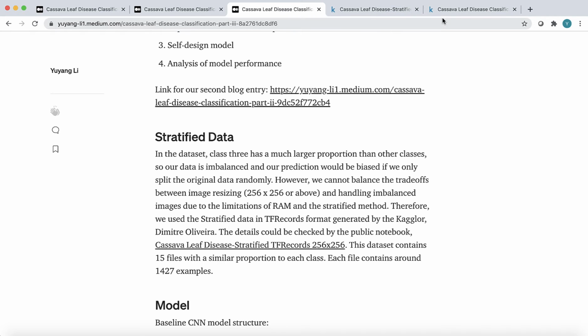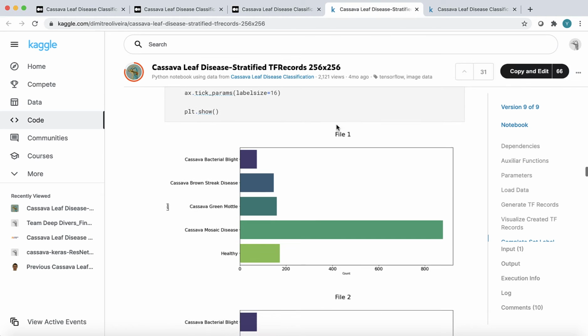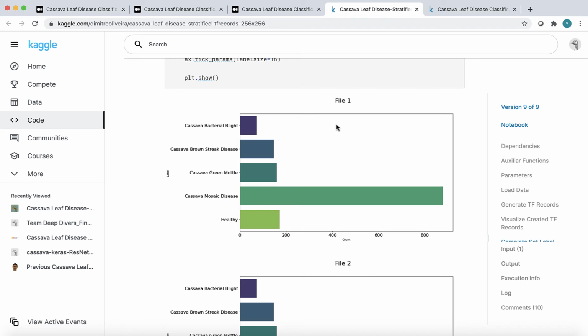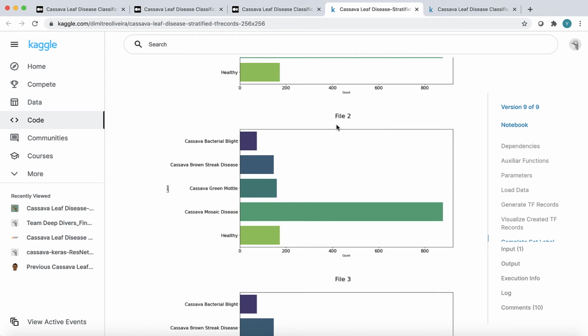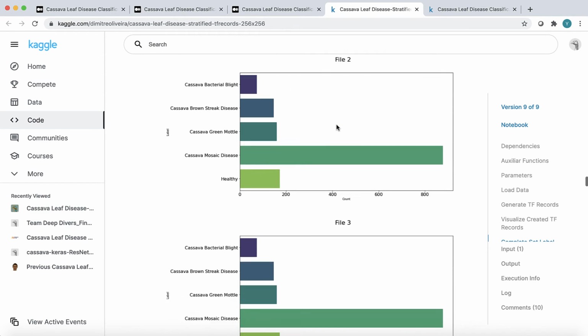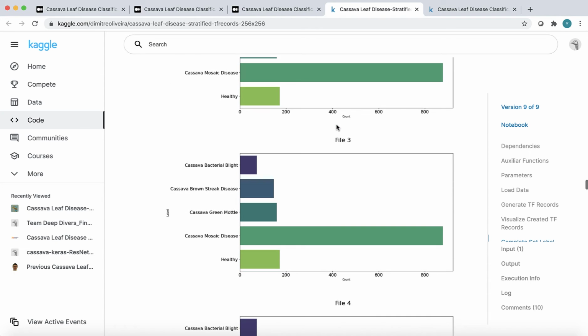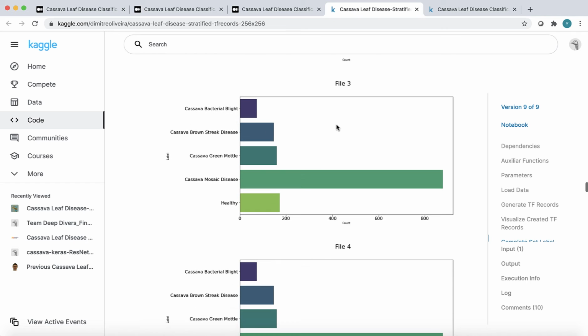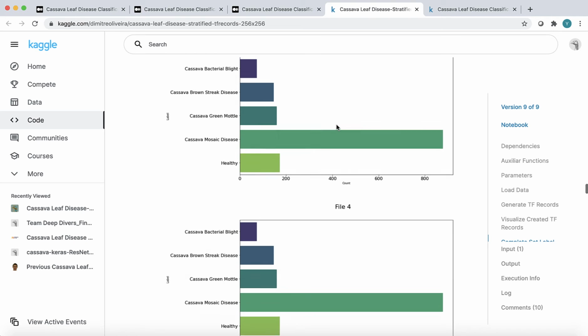Fortunately, thanks to the Kaggler Dimitre Oliveira, who gave 15 stratified TF record files on her public Kaggle page, we decided to use these TF data files. Each file contains 1427 examples, and it keeps the same percentage of each class as in the original data.